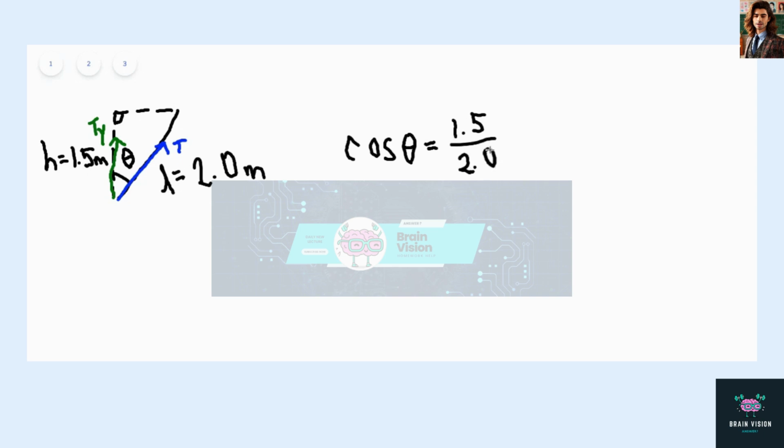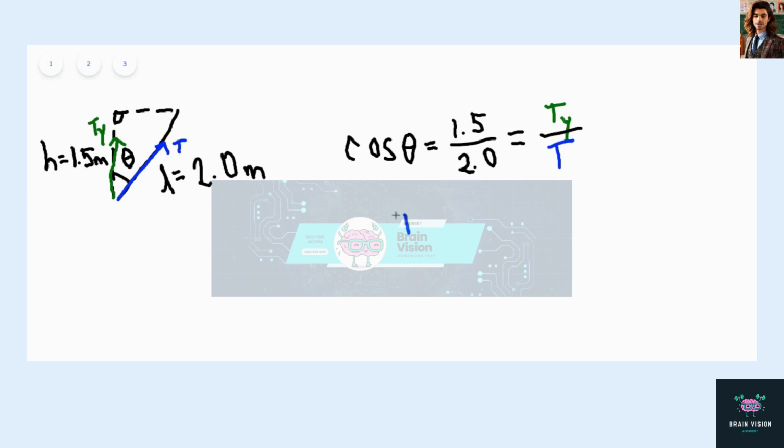But we could express this equivalently in terms of the tension forces. So let me say that this equals the adjacent tension, which is Ty, divided by the tension that acts along the hypotenuse, or just capital T. So now we have a relationship between Ty and the total tension.